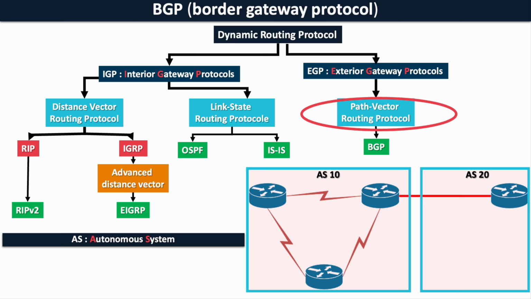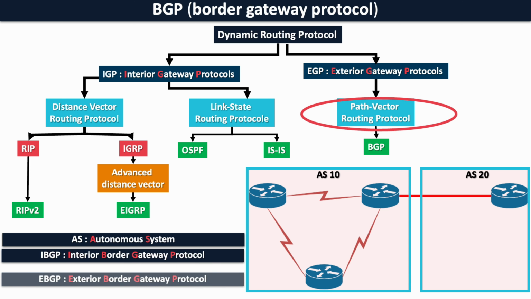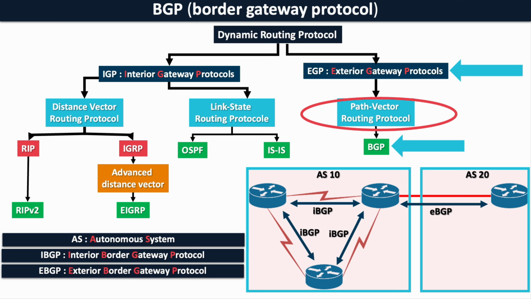There are two versions of BGP, IBGP and EBGP. IBGP is used inside an AS, whereas EBGP is used between two ASs. BGP is mainly used for interconnections between Internet operators. It is part of the EGP family, of which it is now the only member.